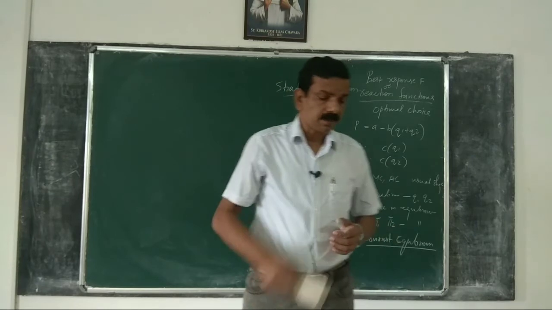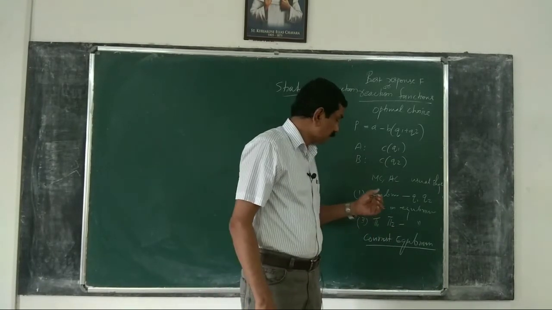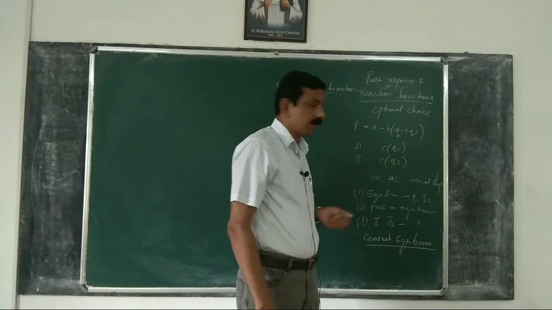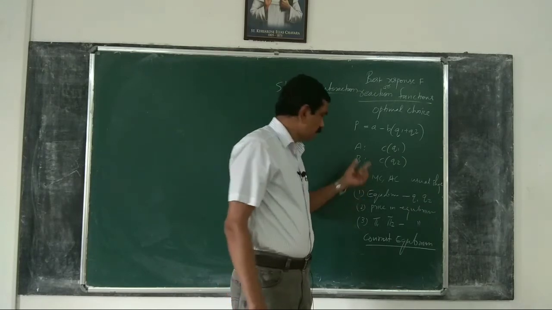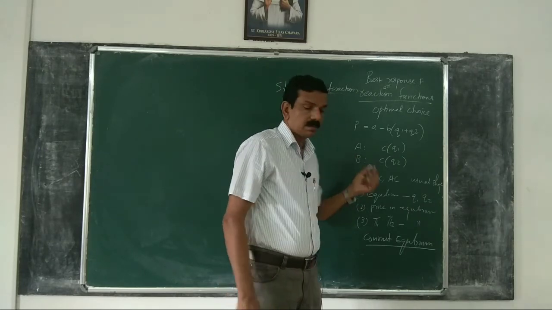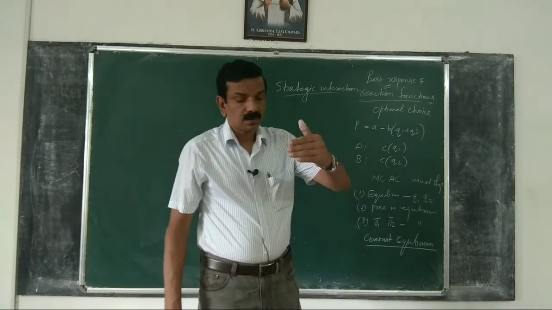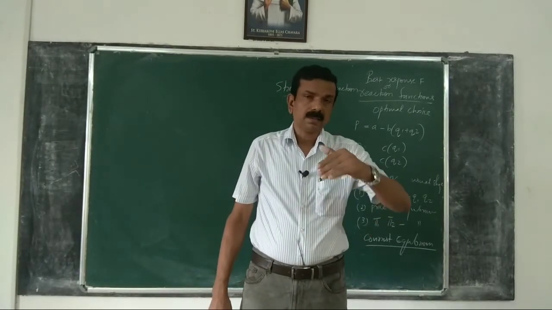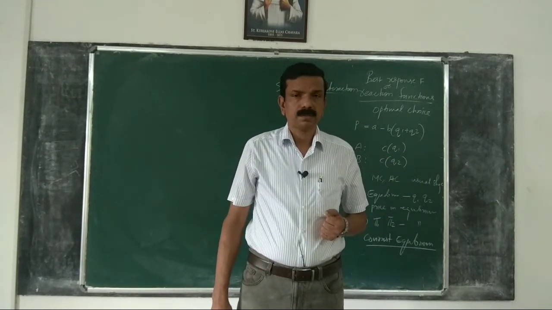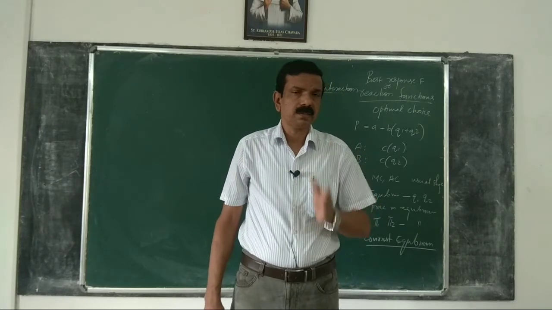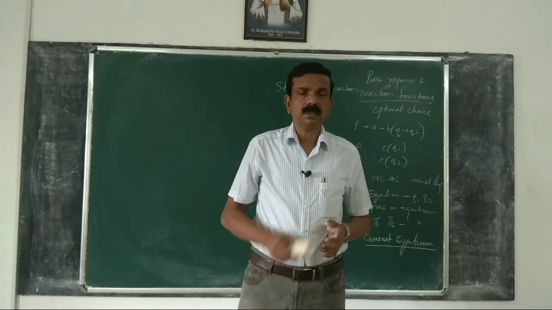So, best response specifies A's optimal choice given that B has chosen a certain level of output. Here we assume that firms compete with output.